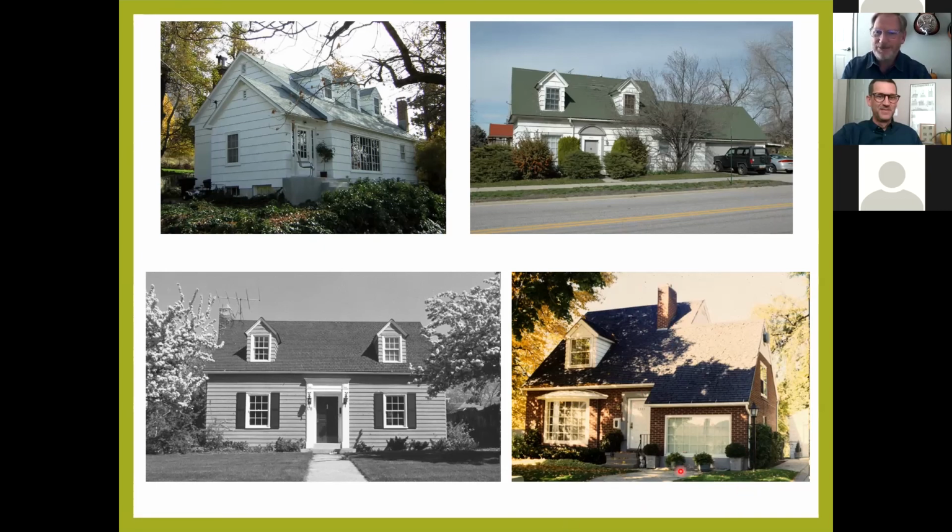It's its own form, but it has that basic Cape Cod form on the main house part. These aren't as common, and they're mostly found in the Salt Lake City East Bench neighborhoods. I think this one's down in Liberty Wells neighborhood.